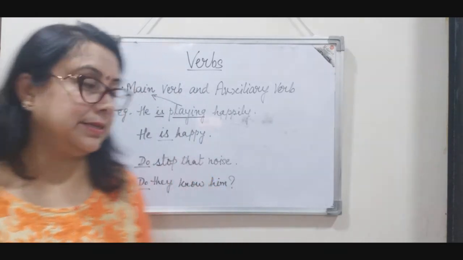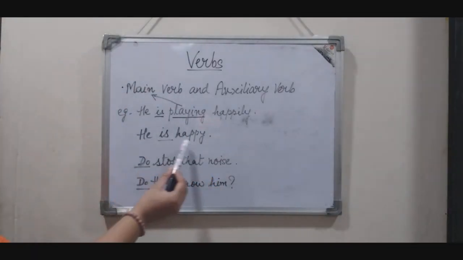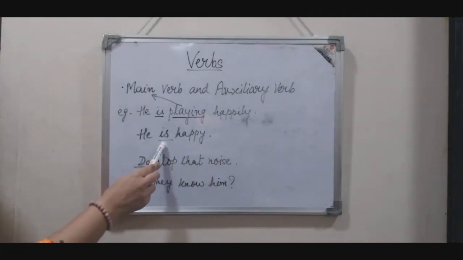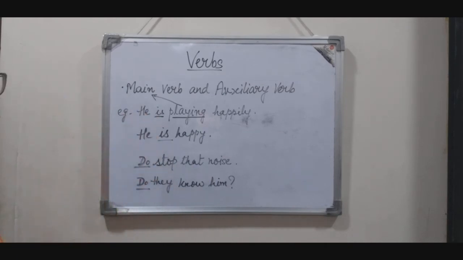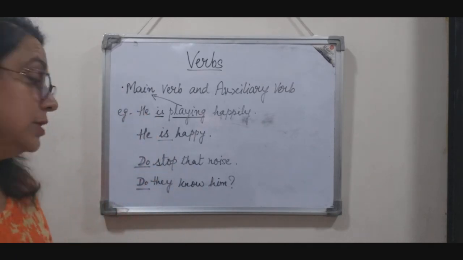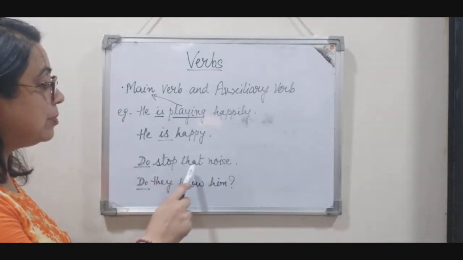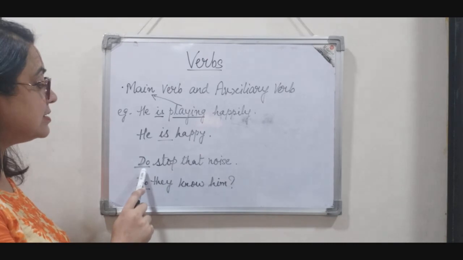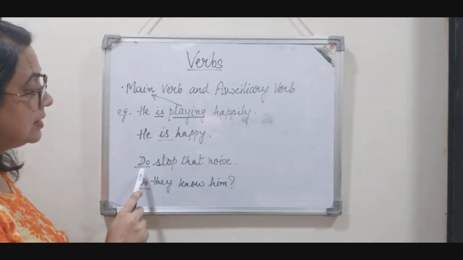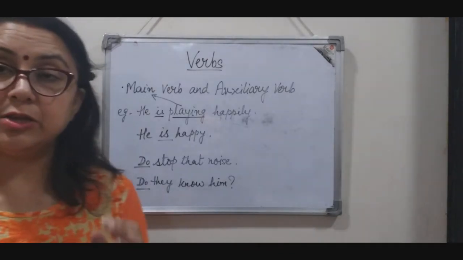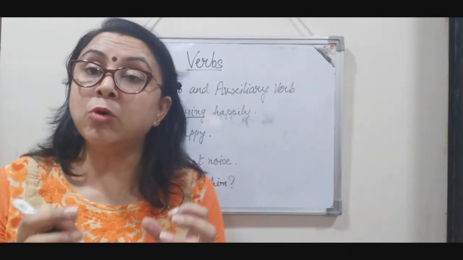How? Let's see. He is happy. So here is acts as a main verb, right? Similarly, do stop that noise. Here the auxiliary verb has been used to put more stress.